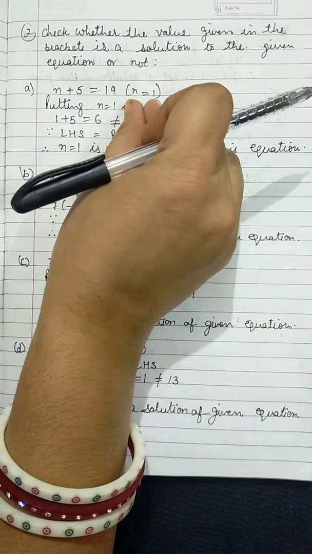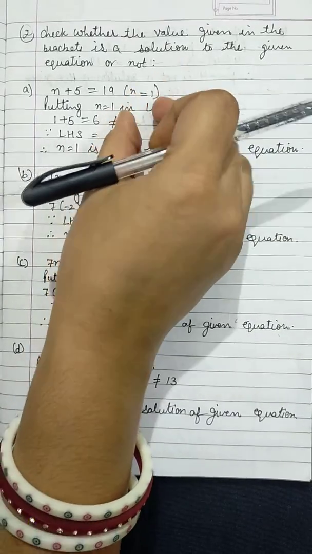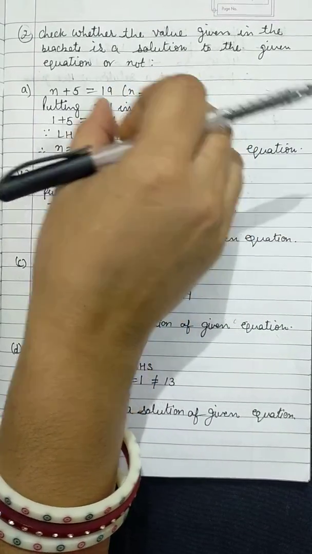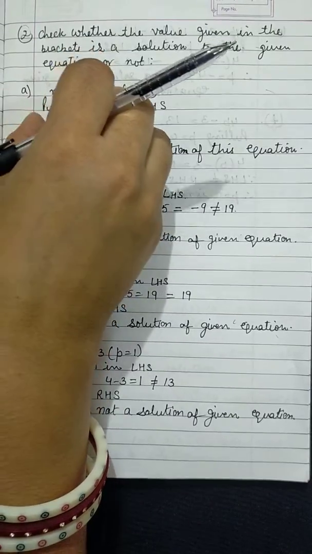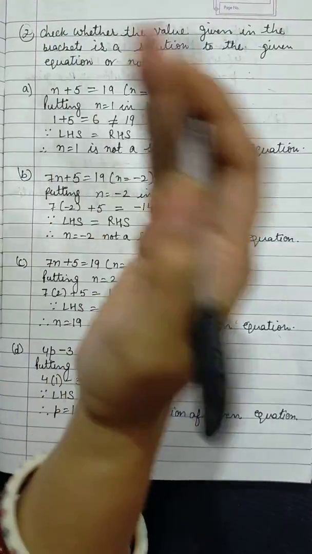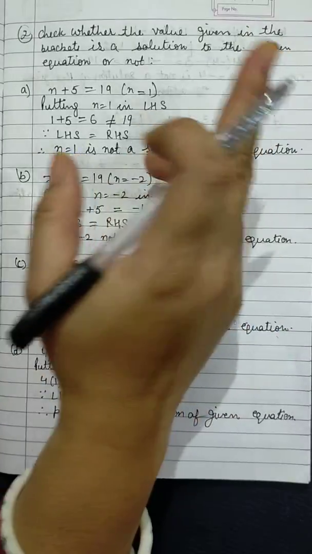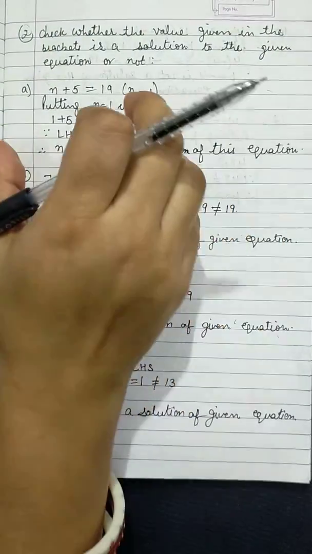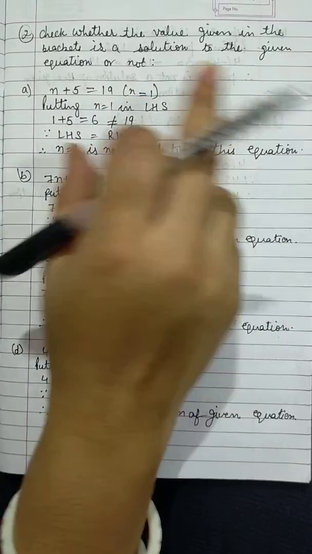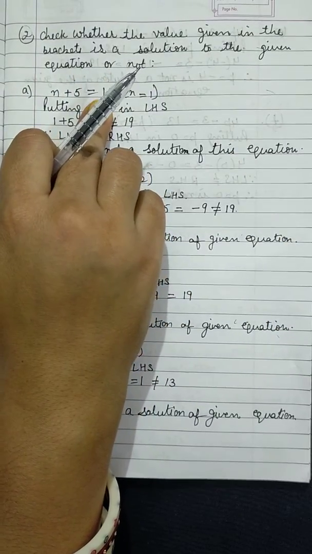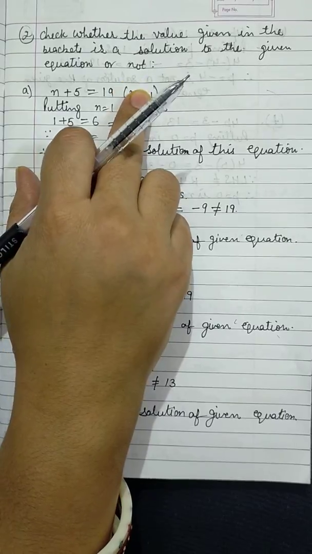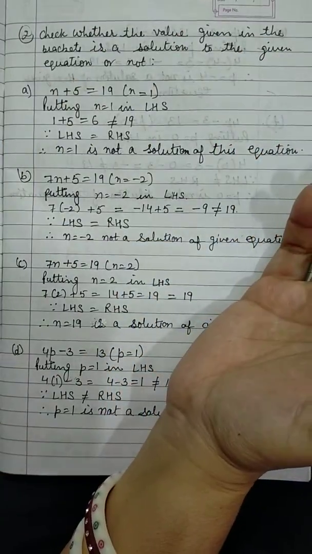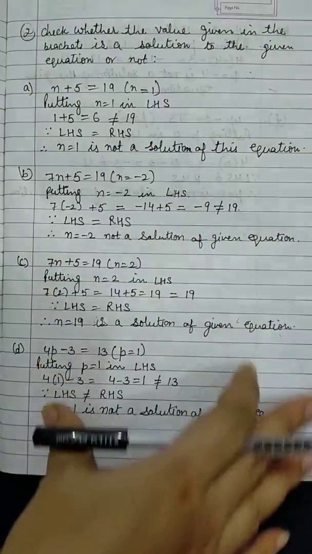The value of the variable is given to us, and what we will do is insert this value in the equation in the place of the variable, and check whether the left hand side equals the right hand side or not. If the left hand side equals the right hand side, then we write yes, it is a solution of the equation. If the left hand side is not equal to the right hand side, then we write no, it is not a solution of the equation. So in this way we will simplify the sum.